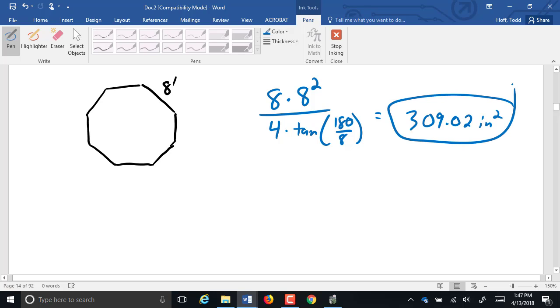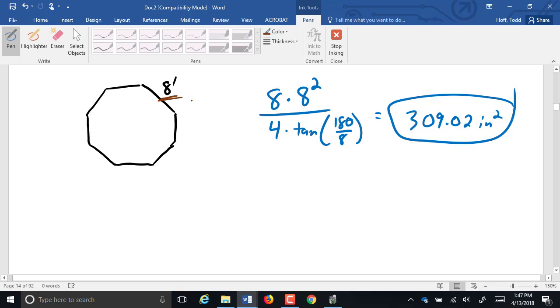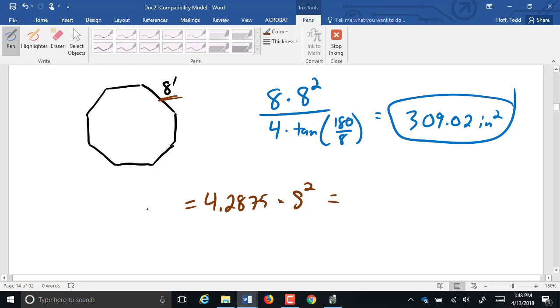Do you remember last semester we had the area of a regular octagon, if you have the side? Oops, I got my constant wrong.